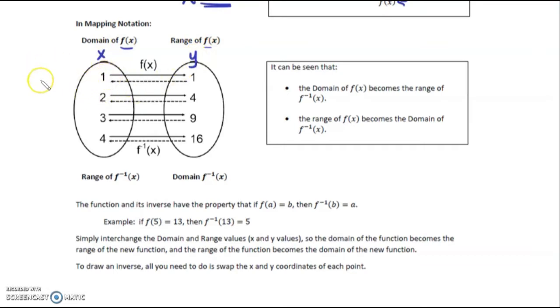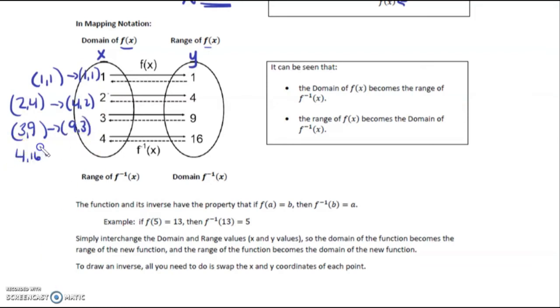Say, for example, we have the point 1, 1, then they're going to switch, and obviously it's going to be 1, 1. If we have the point 2, 4, then the x and the y are going to switch, and we're going to have 4, 2. And if we have 3, 9, it's going to switch to 9, 3, and then 4, 16 is going to switch to 16, 4.